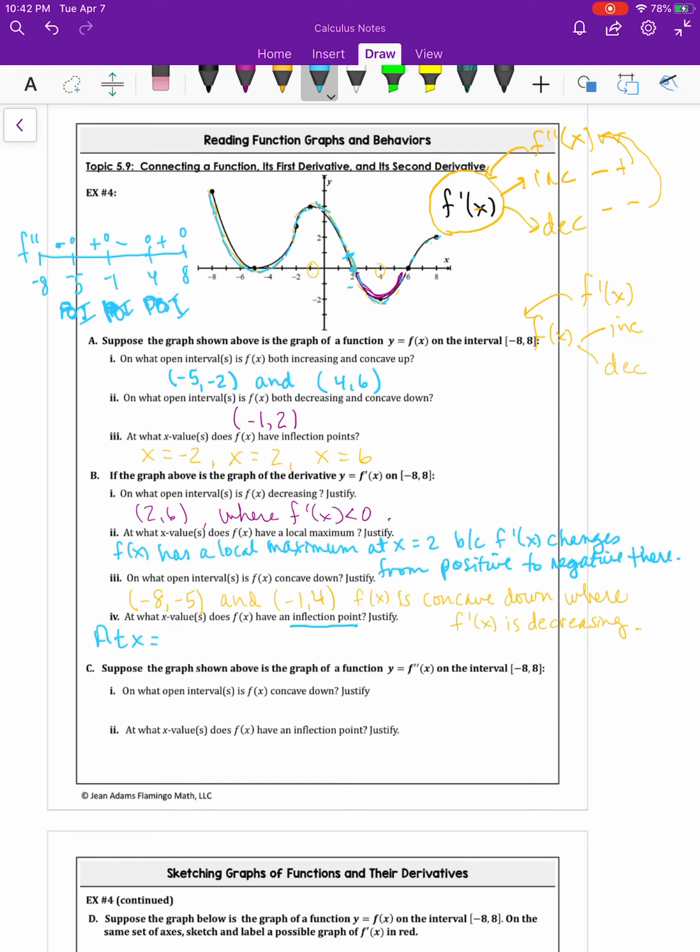So, I'm going to say, because it says at what x values?